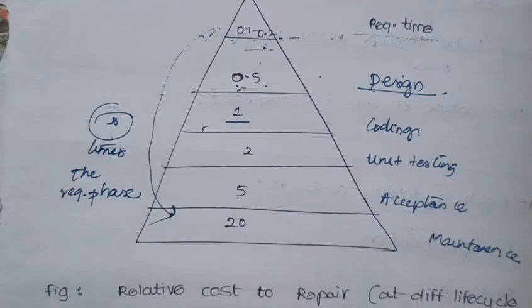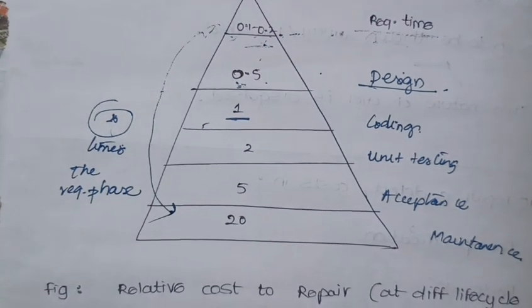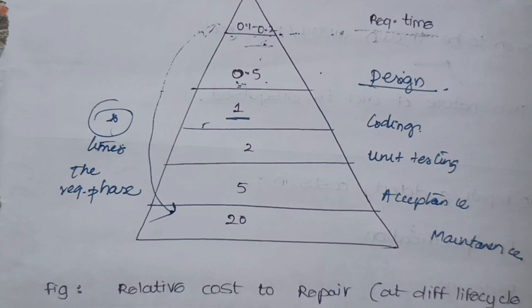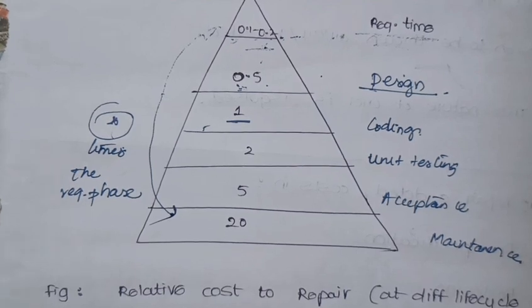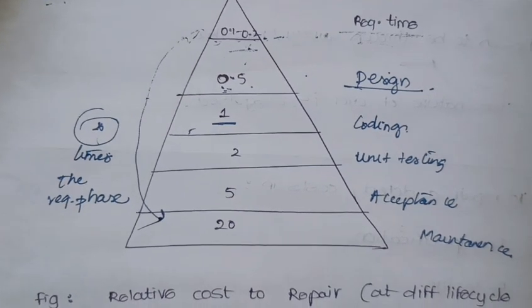When errors aren't discovered earlier, it costs us 20 times the requirement phase. Imagine spending all the budget on covering these requirements, and what is left to develop the software actually. So we have to find the errors earlier to reduce the cost of correcting the errors. This is the main motto of this graph given by Davis, and this is called relative cost to repair according to each phase in SDLC.